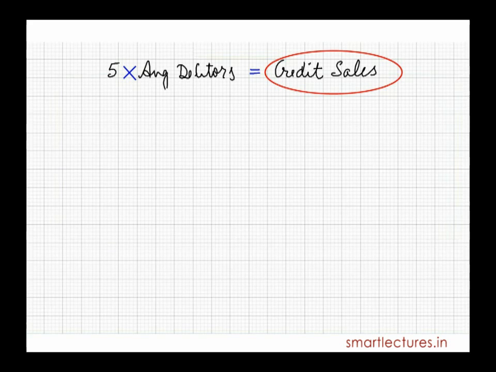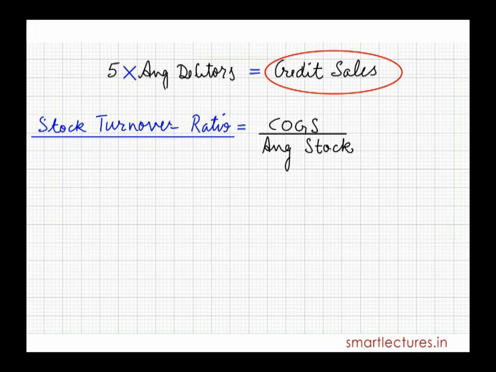So first of all, let me try to reach credit sales. And for credit sales, our stock turnover ratio formula can help us. The formula of stock turnover ratio is cost of goods sold upon average stock. And stock turnover ratio is 5 times. It means 5 is equal to cost of goods sold upon average stock.